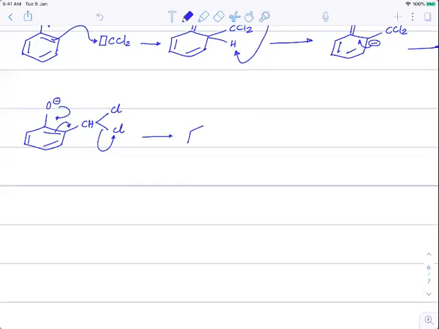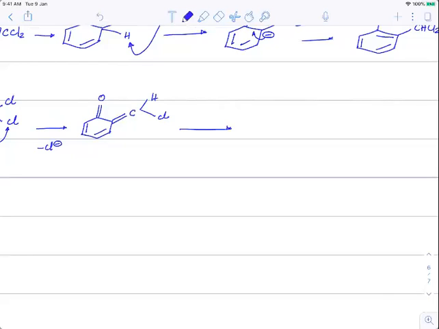So what do we have here? We have this as double bond O, like this, with double bond C, H and Cl. One Cl has left. Why are we doing this? Because Cl is a good leaving group. We can immediately close that double bond there and make that group leave.